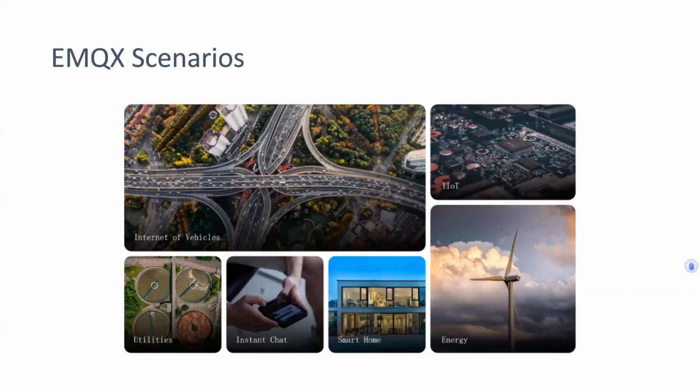So you can see all these farming scenarios fit in our general big scenarios. So you will see the EMQX MQTT platform can fit into many different business scenarios. Why is this? This is very interesting.